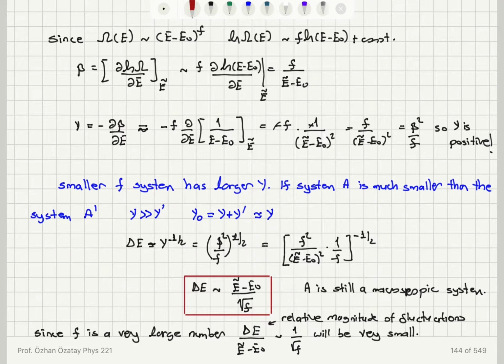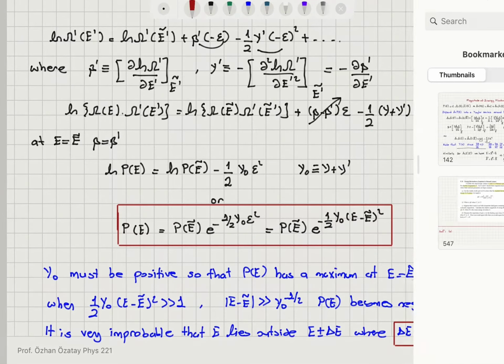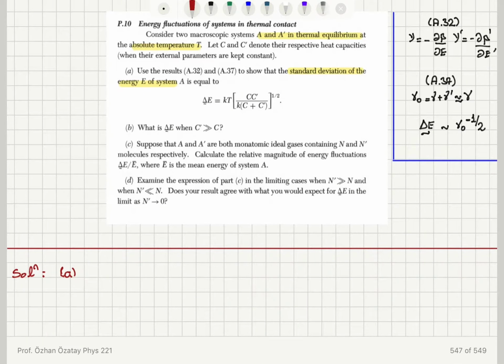That's basically what we found, and eventually that led to the conclusion that the relative magnitude of fluctuations goes as 1/√f. So I'm importing all of this into this problem. I have the gamma definition, the gamma prime definition, and gamma 0, and the magnitude of energy fluctuations given by gamma 0 to the power minus 1/2.